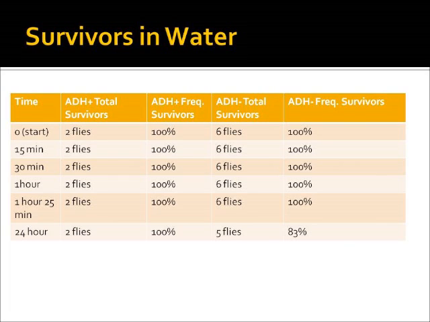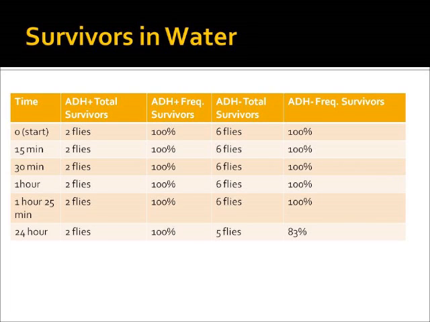So this table depicts the data that we collected from the flies which had the ADH plus and ADH minus gene, which were put into an environment of water. As you can see on the left hand side, we have the time, in intervals which start out as 0, 15, 30, an hour, and finally a 24-hour period.